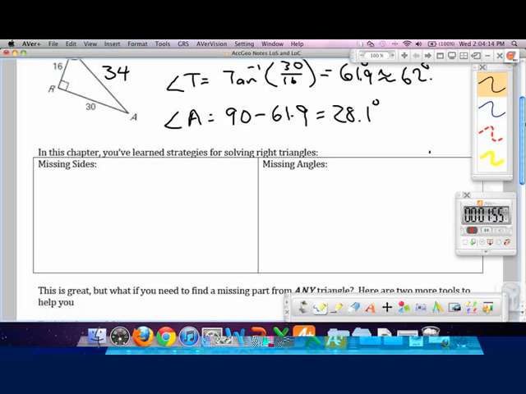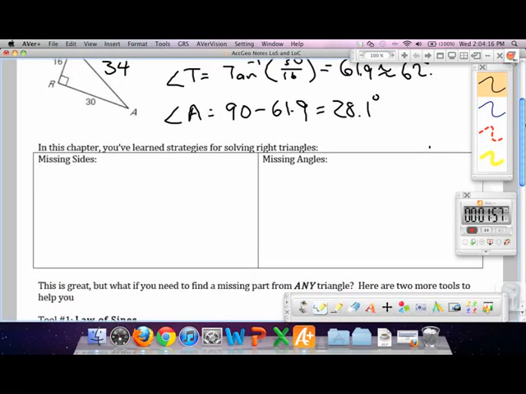I'd like to jot down, just as a recap of what we've gotten so far, strategies we've used to find sides or angles. So some strategies we've had to find missing sides inside a right triangle. The first one is the Pythagorean theorem. In the right triangle, the Pythagorean theorem always works if you know two of the three sides.